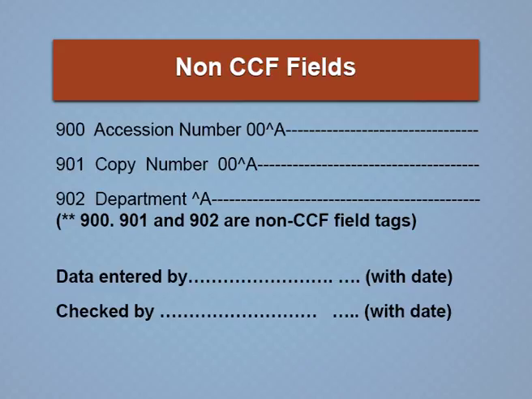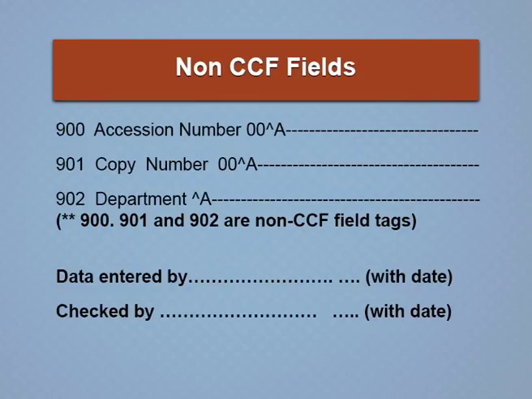But at the same time we should not forget that CCF actually ranges from the leader field to 6xx field, but some local fields are also required at the time of data entry. Say for example, one particular book has 5 copies.